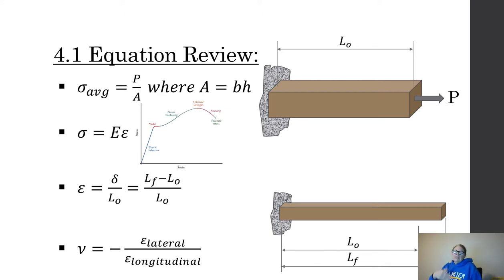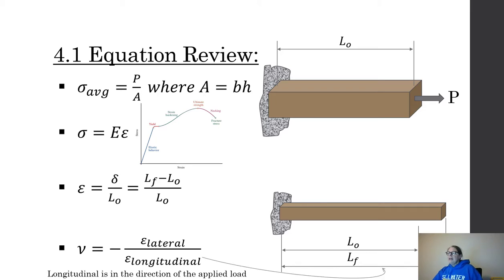And so we have Poisson's ratio equals negative lateral strain, that's just the dimension going along for the ride, over longitudinal strain. That's the direction of the applied force. So what I need to keep in mind is longitudinal is in the direction of the applied load. If I can calculate that using my stress and my E and my strain, then I can go back and calculate my new cross-sectional properties.